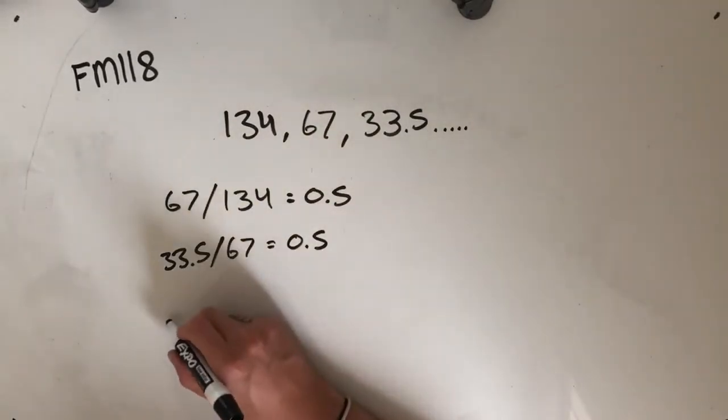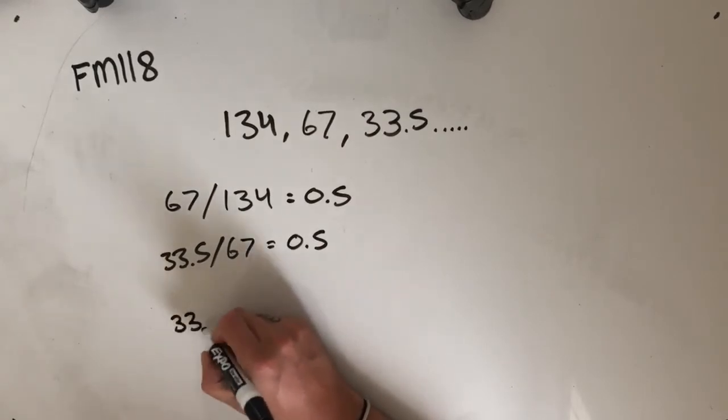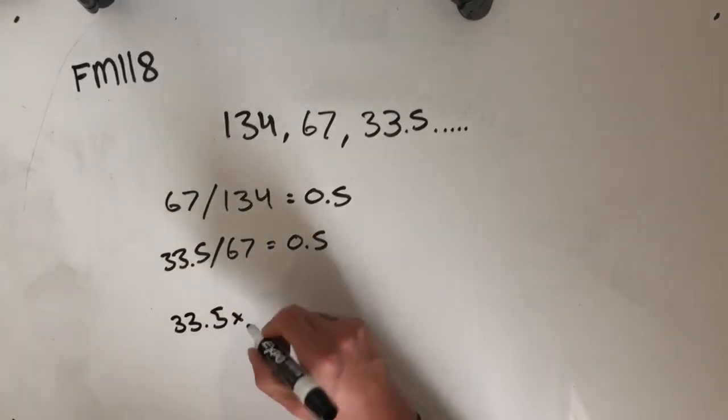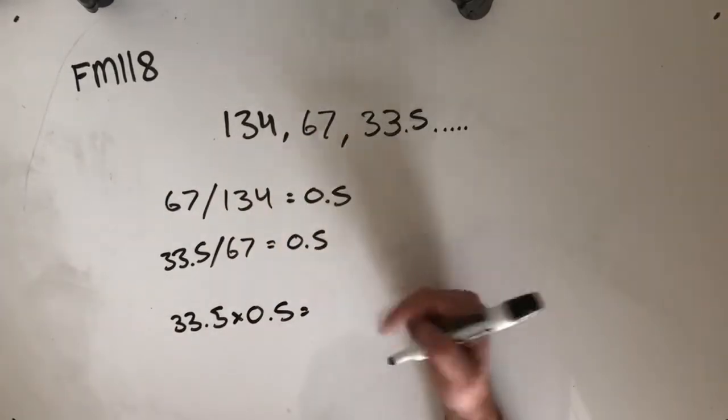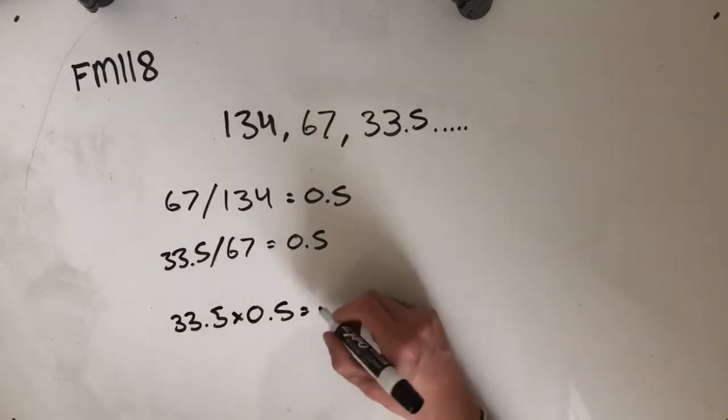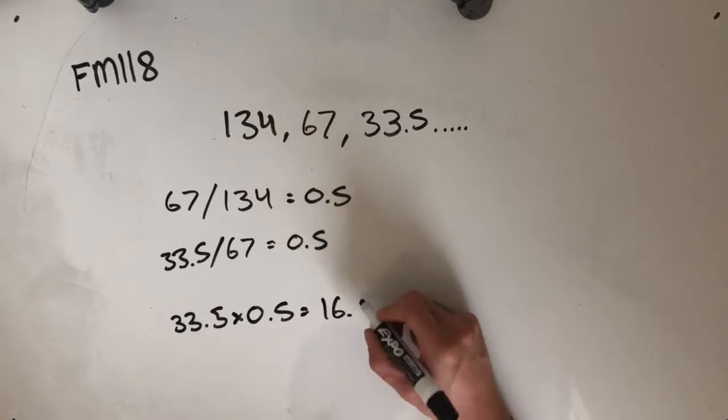So if we were to take our 33.5 and times that by 0.5, this should give us the 4th term in our sequence, which is incidentally 16.75.